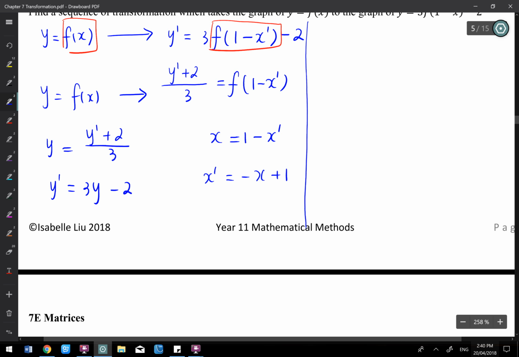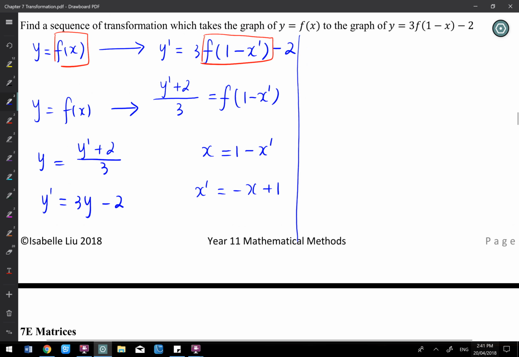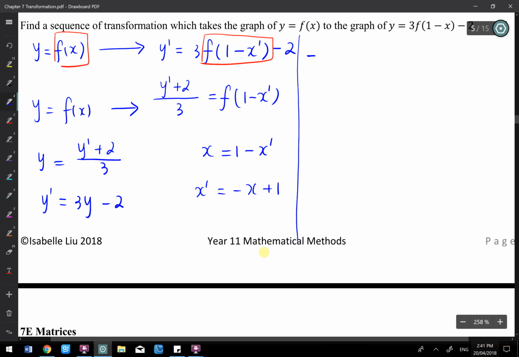Then we talk about the dilation, reflection, and translation. Dilation: dilate by a factor of 3 from the x-axis.